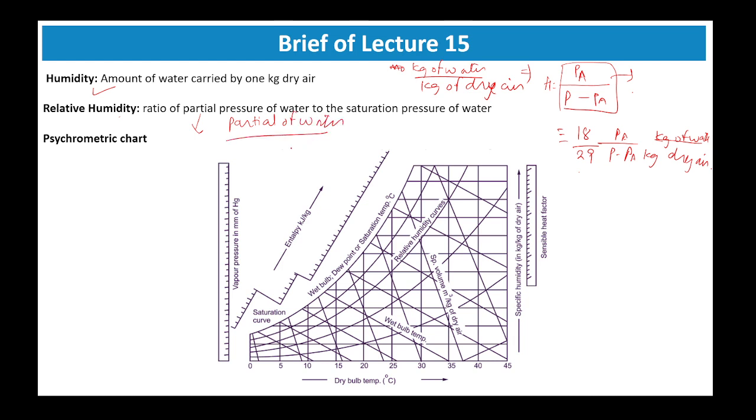And what is the maximum amount that can be stored? It will be equal to the saturation pressure of water at that temperature, because at that temperature saturation pressure is the maximum pressure that water can exert. So it is the saturation pressure, or P sat.